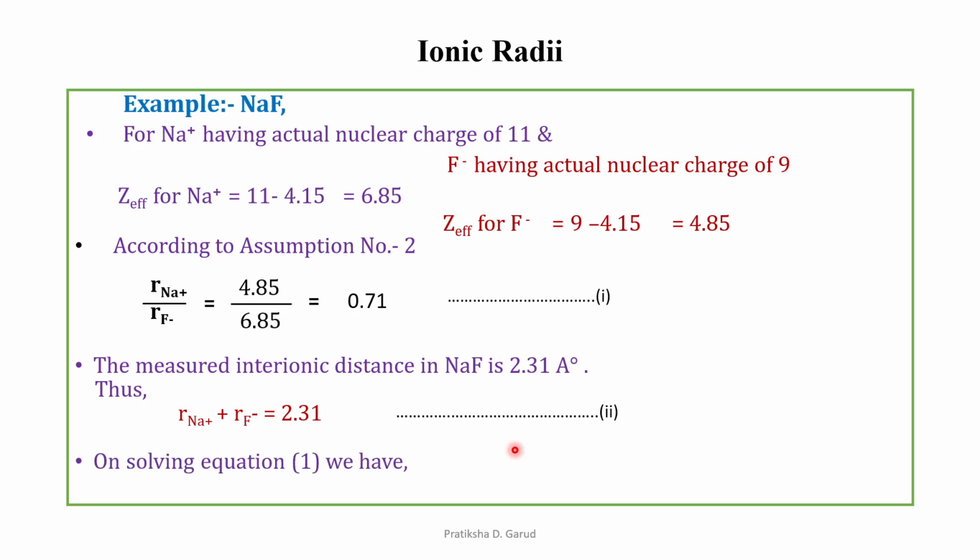Then on solving equation number 1, what do we have? The radius of Na plus is equal to 0.71 into the radius of F minus, right? This is from equation number 1.